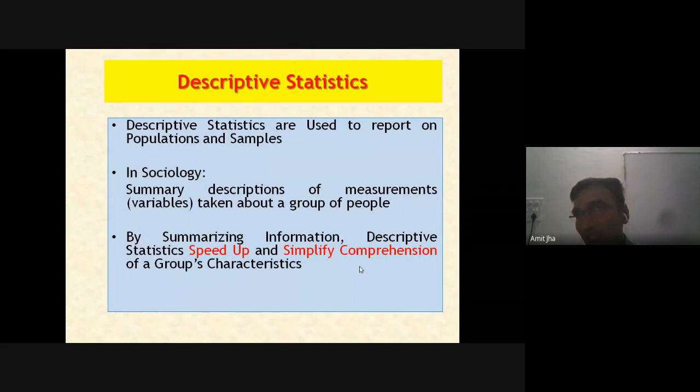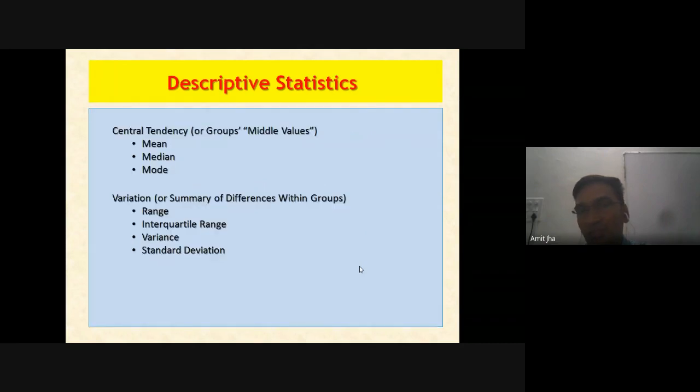Since it describes, that's why it is known as descriptive statistics. For example, central tendency, our group, is called middle values: mean, median, mode. These are the central tendencies. Whereas variation, or summary of differences within groups, is done through range, interquartile range, variance, and standard deviation.